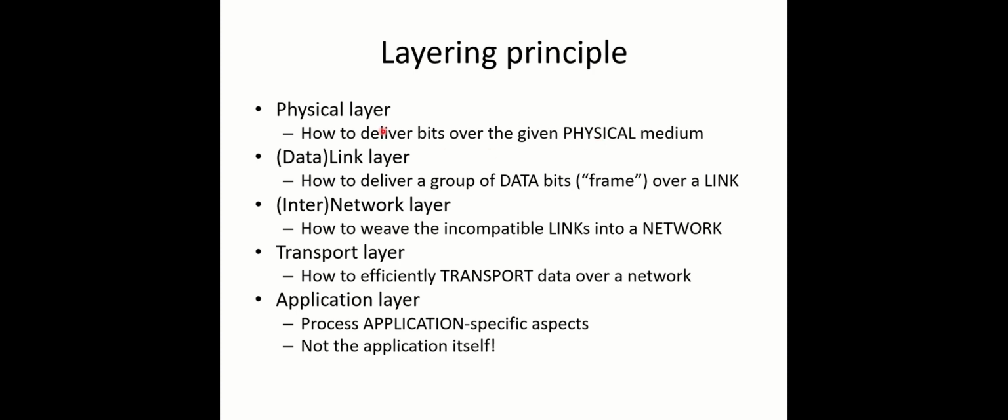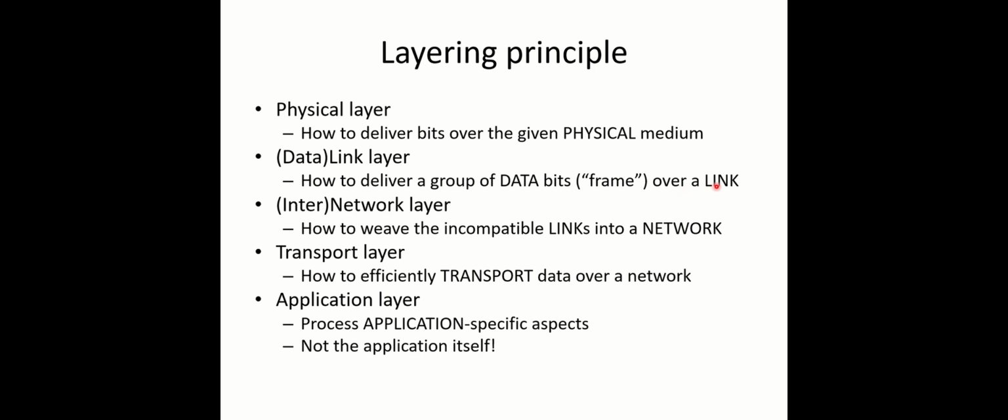Once you can deliver bits over the given physical medium, then you can have the data link layer. What they focus on is delivering a group of data bits, and we call them frames, over a single link. Okay, what do you mean by single link?